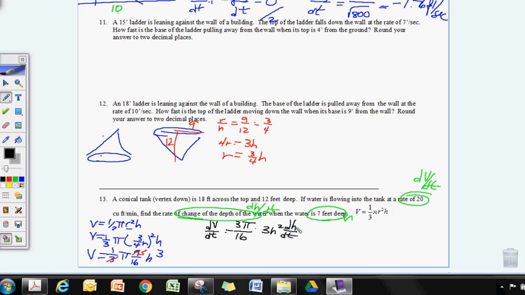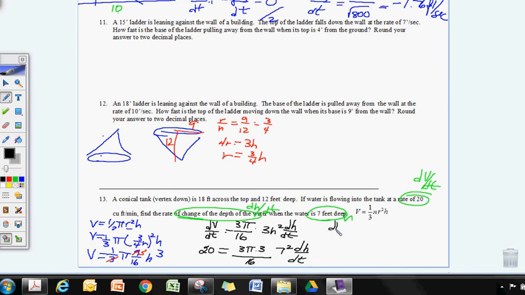So I kind of move some things together. Plug in everything we know. We know the 20 is the dV/dt, the 3, the pi, and the other 3 stay on top over the 16. The h would be 7 squared, and I'm looking for dh/dt.